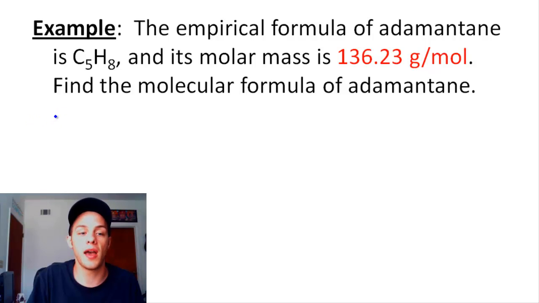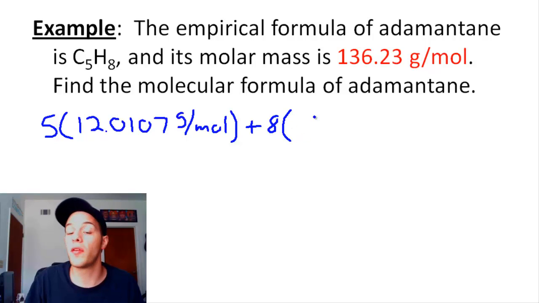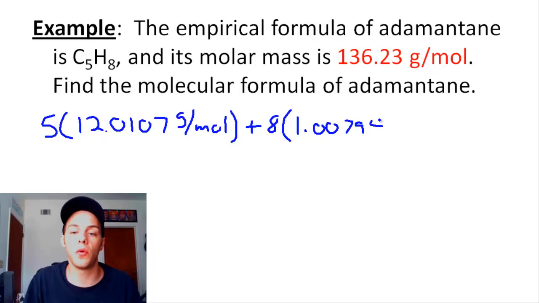So again, we have 5 carbon atoms, and we're going to multiply that 5 by the molar mass of carbon, which is 12.0107 grams per mole. And we're going to add to that the amount of hydrogen atoms, which is 8, times the molar mass of hydrogen, which is 1.00794 grams per mole.